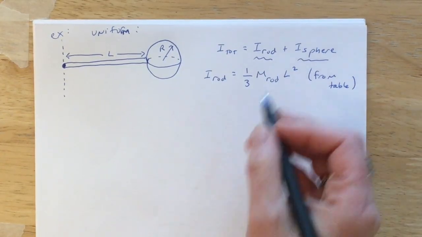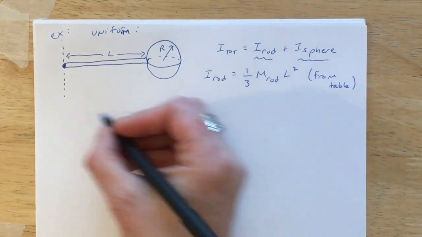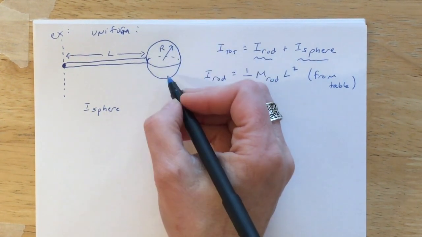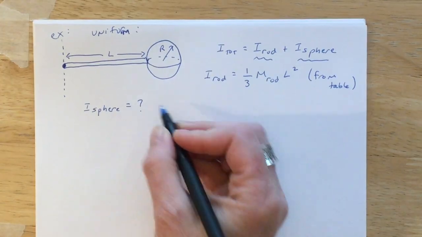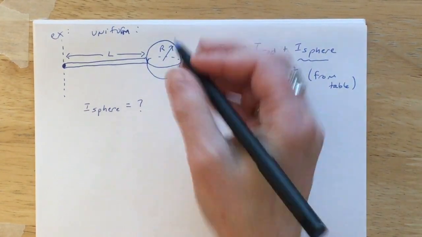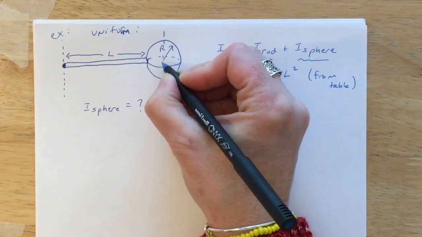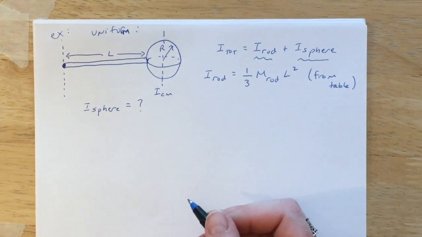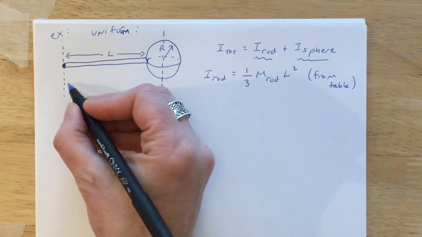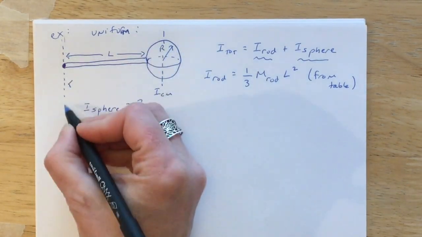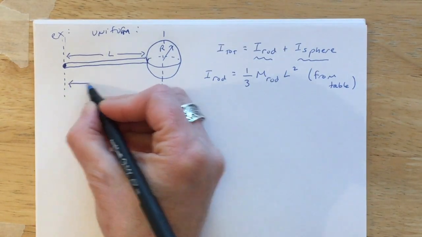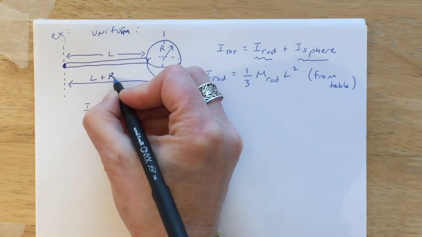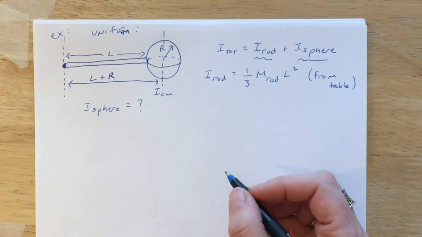Given that you know that for the rod, then it's a matter of what would be I sphere, given that the axis that it's rotating about is not the center of mass axis. In fact, the center of mass axis for this sphere is shifted over as shown. So the distance between our new axis over here and our center of mass axis happens to be equal to L plus R.